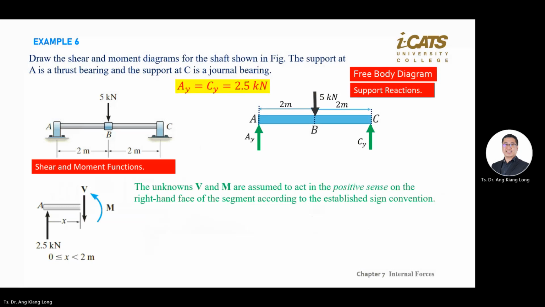All right. So just note that the V arrow goes down and the blue arrow moment is going this way, because we're already using the established sign convention, which is the positive sign convention. All right. Now from here, you can find your V.